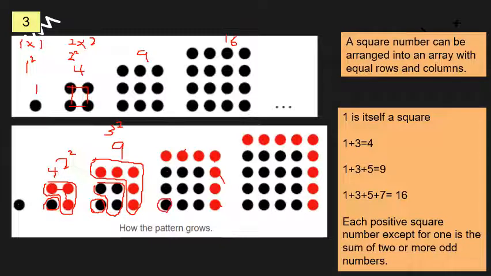Again, 1 plus 3 plus 5 plus 7 gives us 16. So another generalization I could make about this particular square number pattern is that each positive square number, except 1, is the sum of 2 or more odd numbers. So here we've got 1 plus 3, 1 plus 3 plus 5, and so on. So that's another generalization you can make about that pattern.